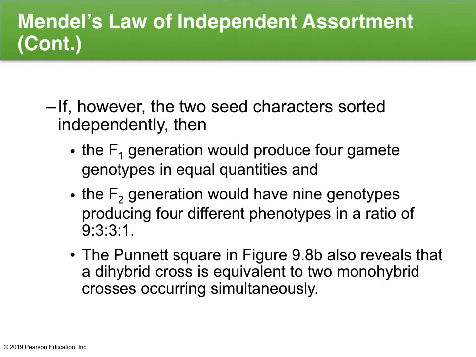Do, however, remember this ratio of 9:3:3:1, because that is distinct to this type of cross. So the Punnett square we're going to see in the next slide is going to show that a dihybrid cross is basically, in terms of statistics, the equivalent to two monohybrid crosses occurring at the same time, right? Because everything has its own separate probability.